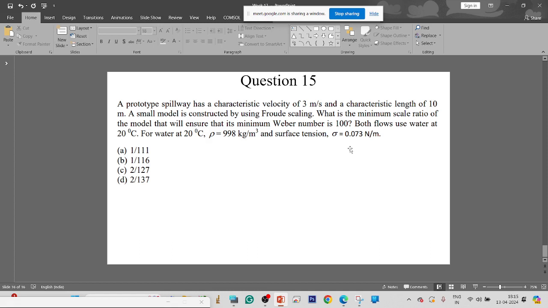Now for Froude scaling, Weber number for model upon Weber number for prototype is density of model upon density of prototype, velocity of model upon velocity of prototype whole square, length of model upon length of prototype, surface tension of prototype upon surface tension of model.